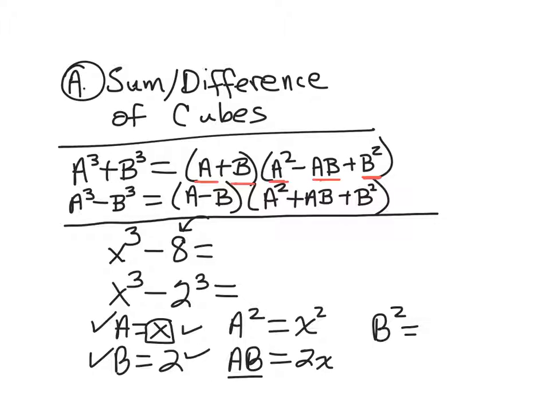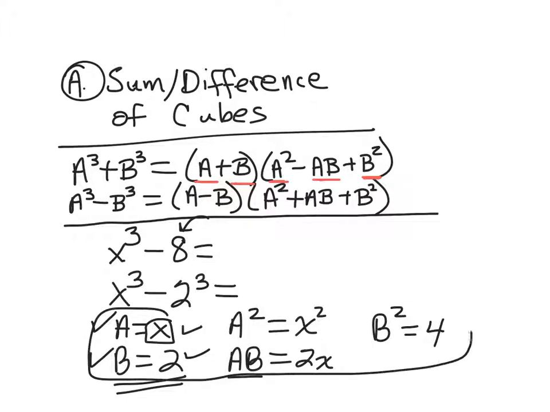B squared is going to be b times b, or 2 times 2, or 4. Now that I've got these 5 values, all I have to do is substitute them into this formula.